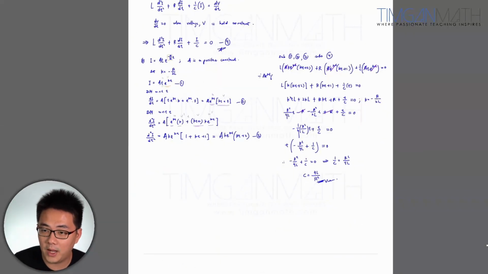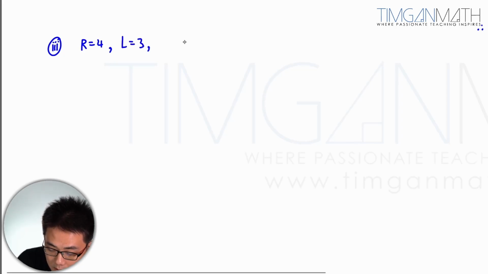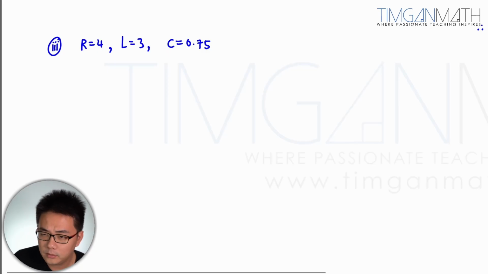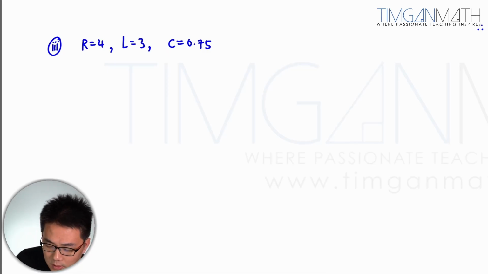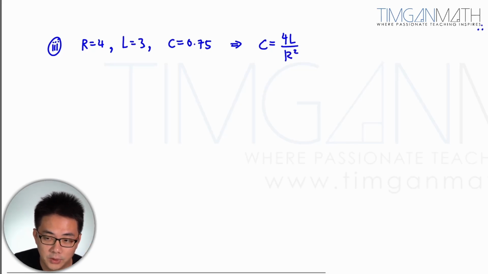Let's look at the subsequent part 3. In part 3, you're told that for the subsequent circuit, r equals 4, L equals 3, and c equals 0.75, right? Just check whether it satisfies this equation here. A quick check will tell that it satisfies this equation, so that's pretty okay.